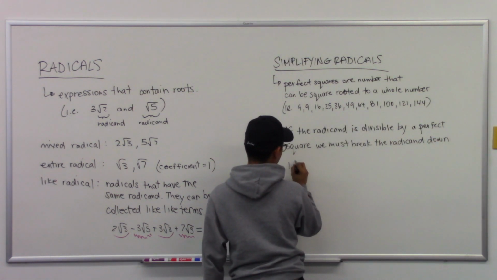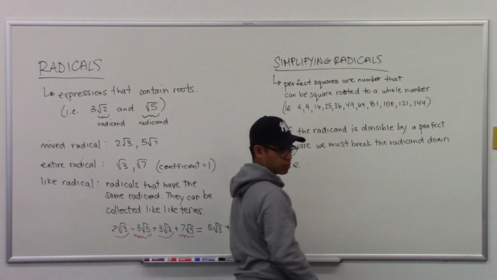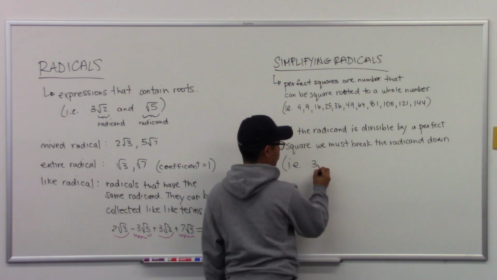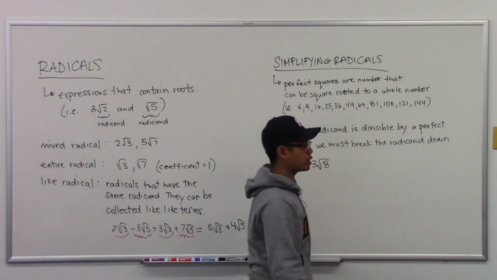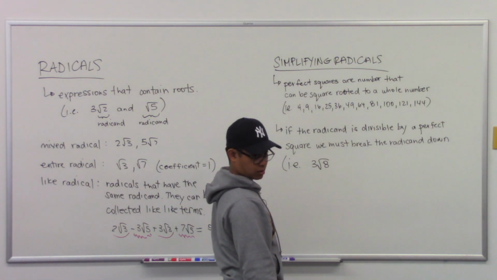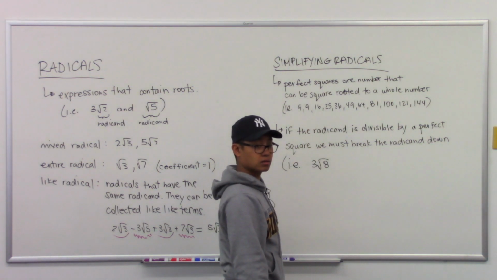For example, and you need to work on this, if I give you like 3 root 8, which of these, what's the largest one out of the perfect squares that can divide into 8? What's the largest number that can divide nicely into 8?